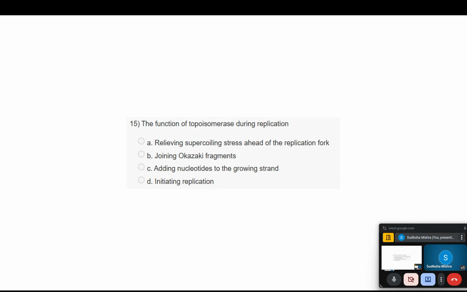Function of topoisomerase during replication is relieving supercoiling stress ahead of the replication fork, joining Okazaki fragments, adding nucleotides to the growing strand, or initiating replication. The answer is relieving supercoiling stress ahead of the replication fork so that the replication happens smoothly.